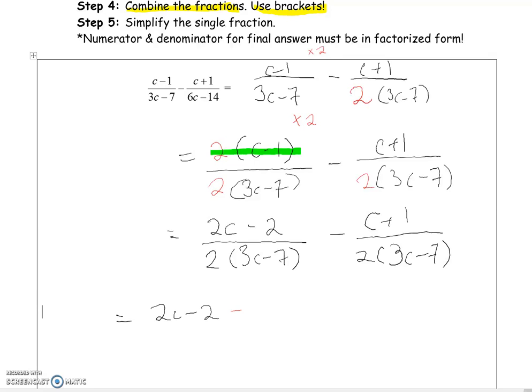I want to minus everything in the second numerator, which is c plus 1, so I need to put brackets, over 2 multiplied by 3c minus 7.